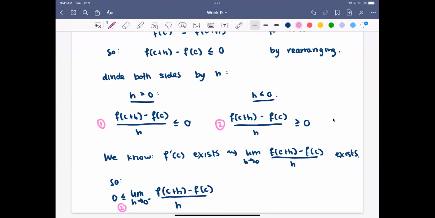And then since the limit exists, the left-hand limit and the right-hand limit have to agree with one another. So this is equal to the limit as h approaches 0 from the right of f of c plus h minus f of c divided by h. So this is by limit exists.